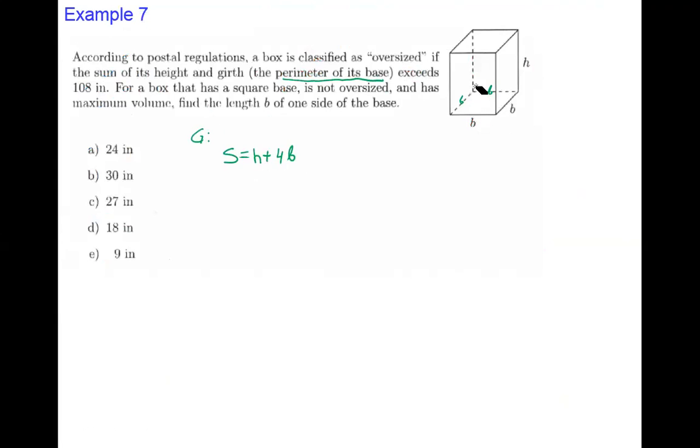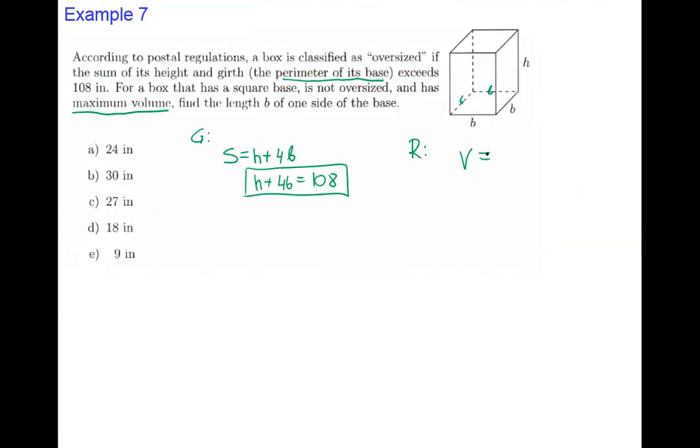That means the sum must be smaller, but I can put equal to, of course, everything will be smaller. For a box that has a square base, is not oversized, and has a maximum volume, find the length B of one side of the base. Okay, we can even see, maximize the volume.